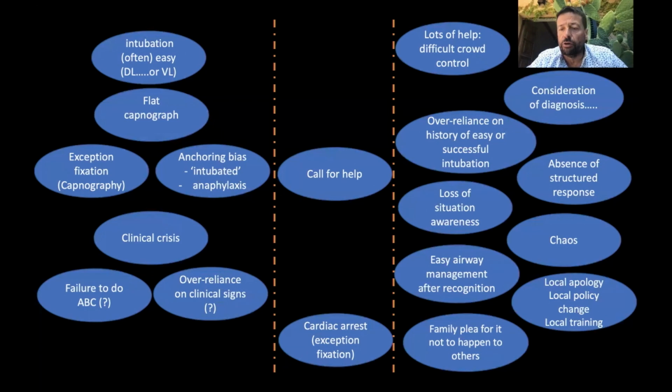There is usually a local apology, local policy changes, and local training, which are all announced significantly at the coroner's court, saying we must learn from this locally. And there may be local or national investigations which may inform and I hope things will improve. And the family at the foot of the coroner's court say they don't want this to happen to others. The aim of the Puma guidelines is to see if we can ensure that this does not happen to others, or that it happens less and less frequently.